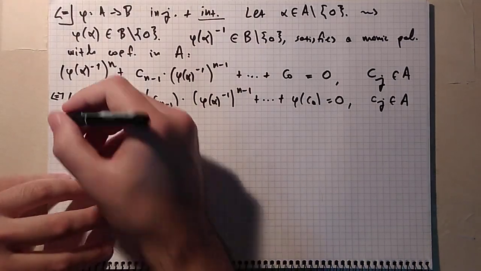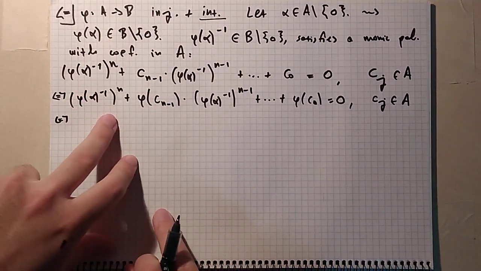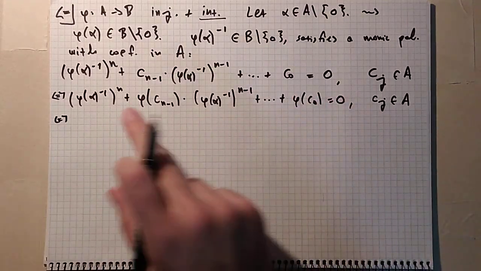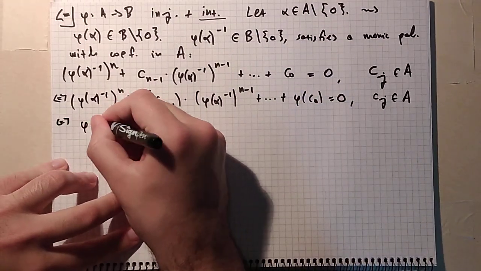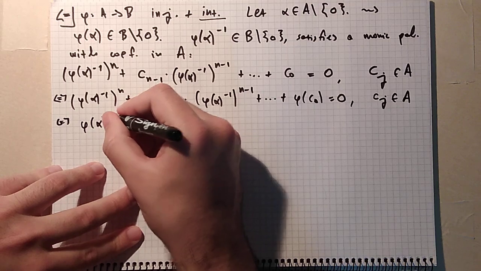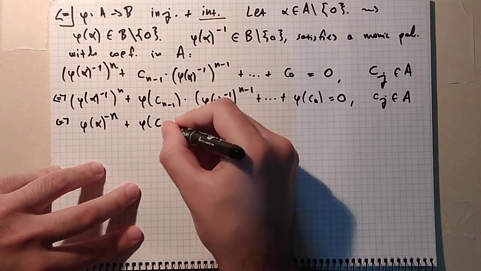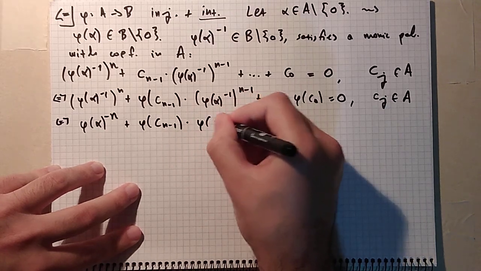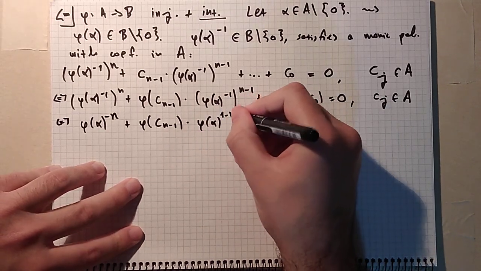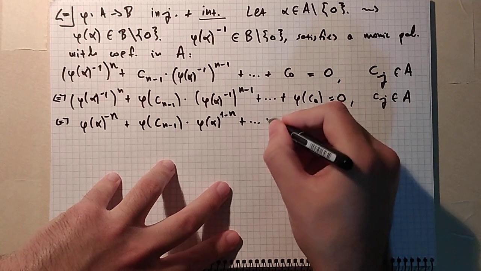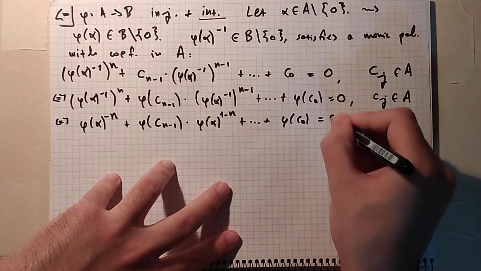Now let me make some simplifications on those powers. This is just going to be phi of alpha to the power of -n, and this is going to be 1 minus n.